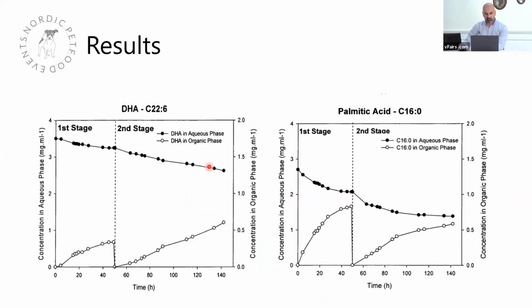So here the results are shown graphically as well. On the left side is a DHA graph, on the right side is a palmitic acid graph, which is a saturated fatty acid. We see that the graph is divided into the first stage and the second stage. For DHA in the first stage, the graph is much lower than for palmitic acid.